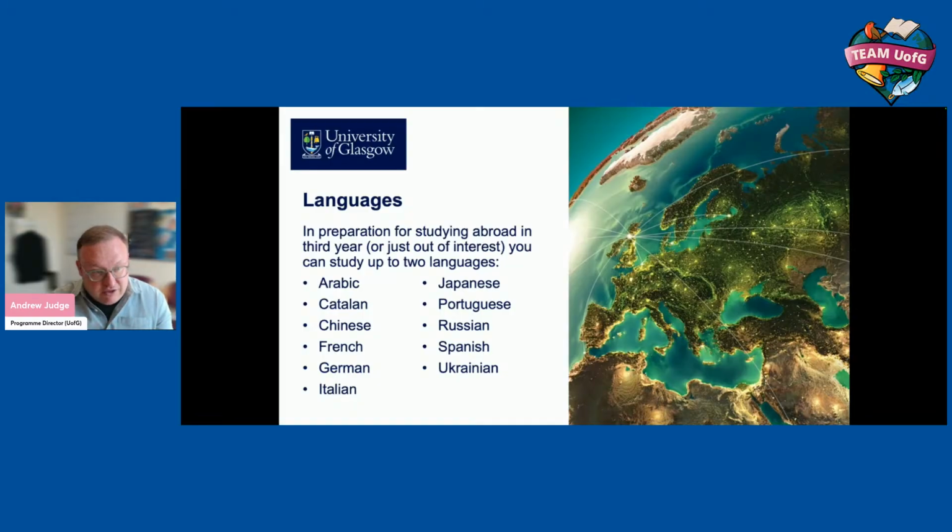Any of the ones on the screen, and that may be subject to change, but as you can see, it's quite a good range of different languages. So that's another way you can fill out this sort of elective spot in the degree. So again, it's about developing those kinds of skills that will be very useful for the rest of your studies, but also as you move into employment.